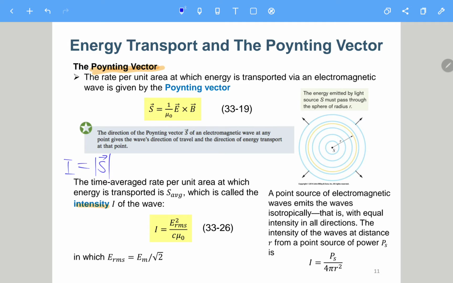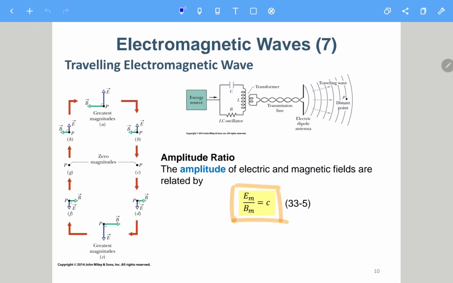Actually, it's not the absolute value. It should be 1/2, because here EM is the amplitude. And if you still remember, in chapter 31 we talked about the root mean square value.